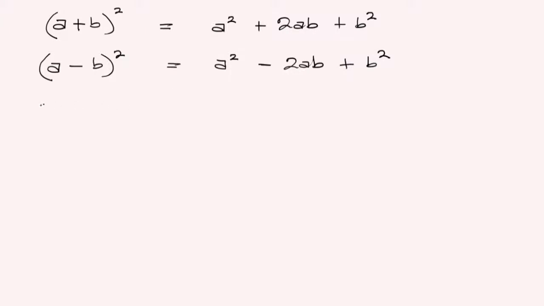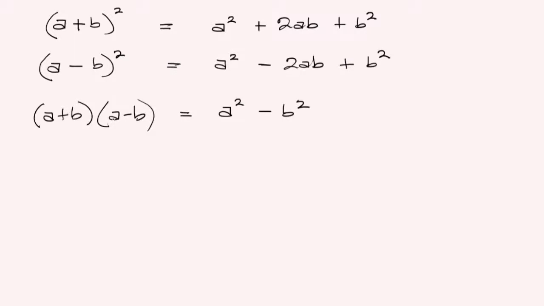And if we have a plus b multiplied by a minus b, called the difference of two squares, this is going to be equal to a squared minus b squared. It is important that we know these expressions because it helps us to solve polynomials or algebraic equations quicker if we know these expressions offhand.